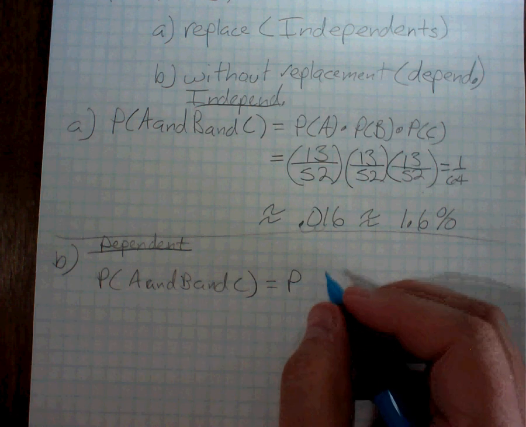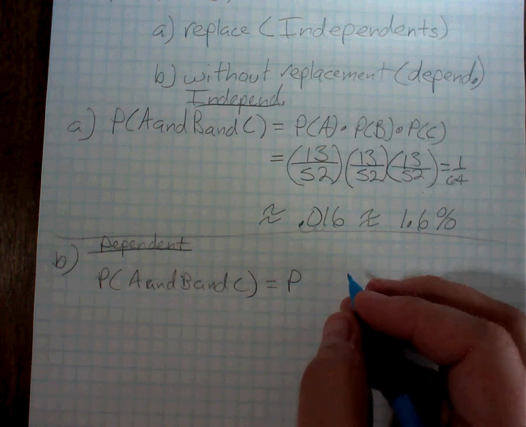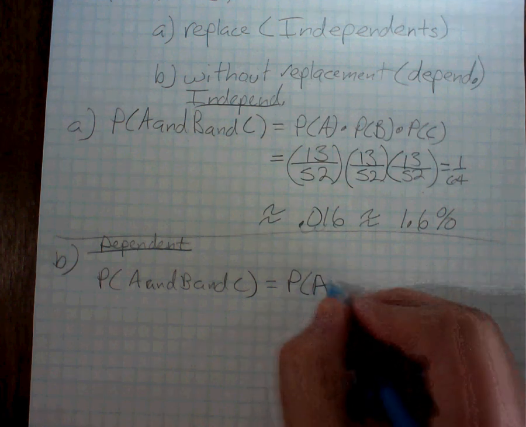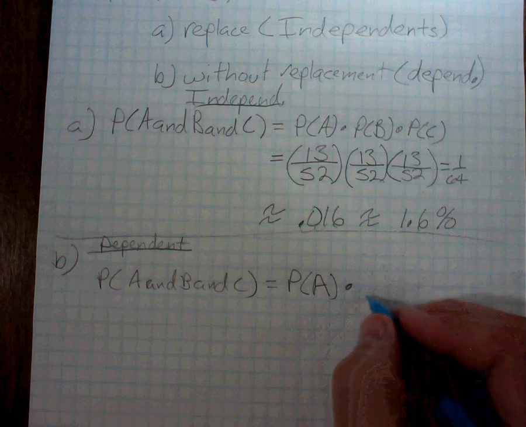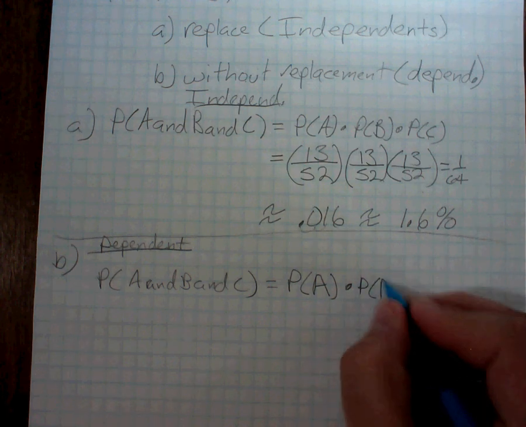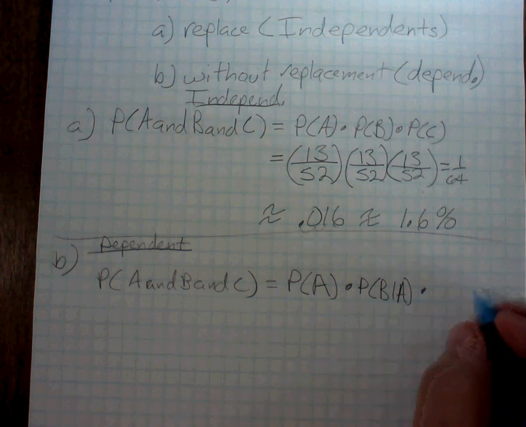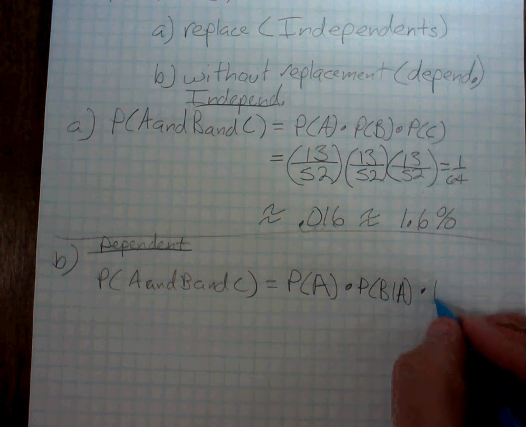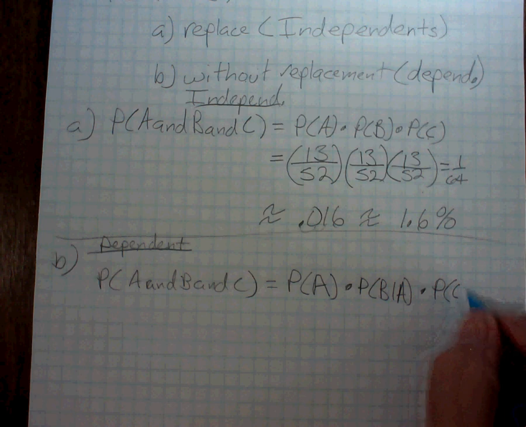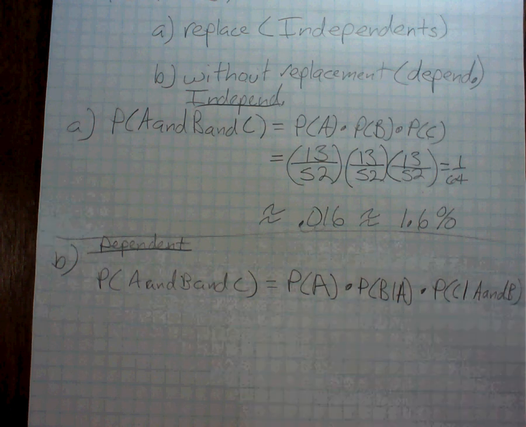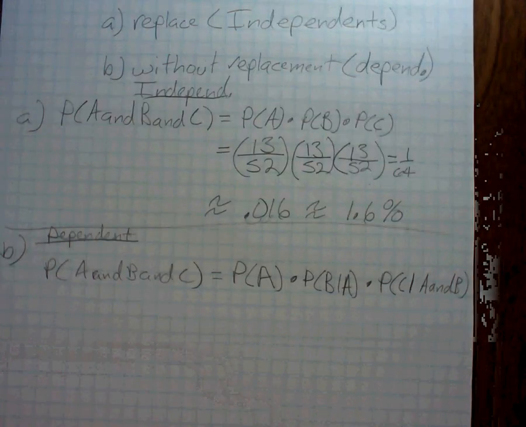It's going to be the probability of A times the probability of B given A times the probability of C given that both A and B occur. Now let me explain that in regular language.